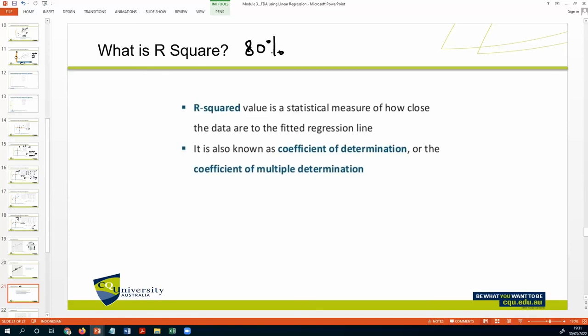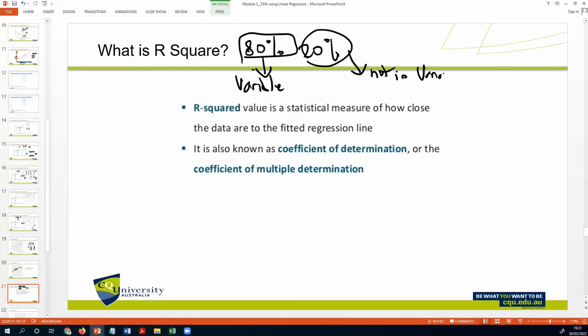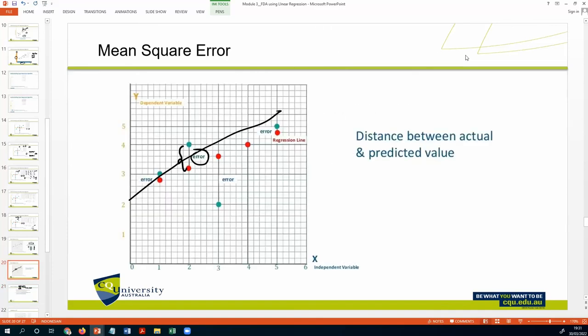Meaning there is another 20% which is not in the data, not in the variable, because there are errors, there is distance between the actual and the prediction.